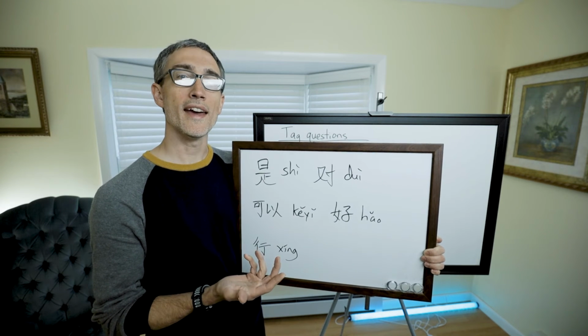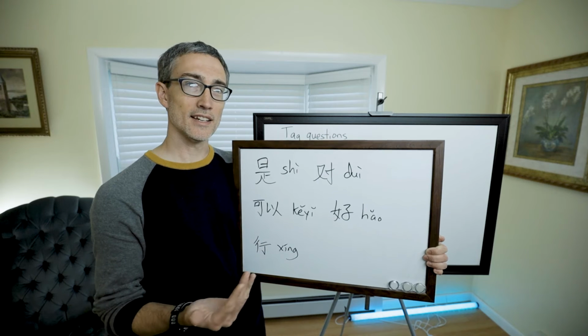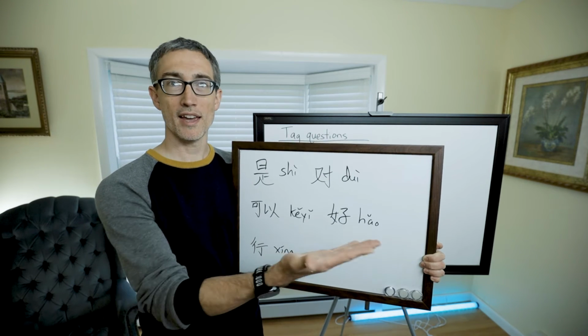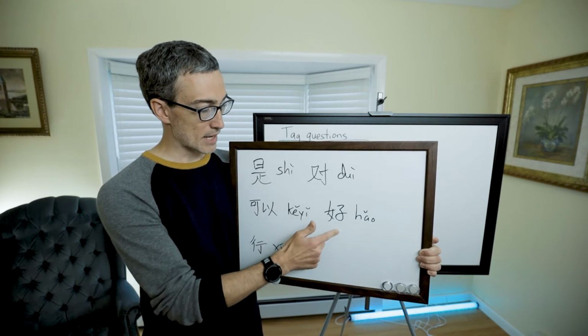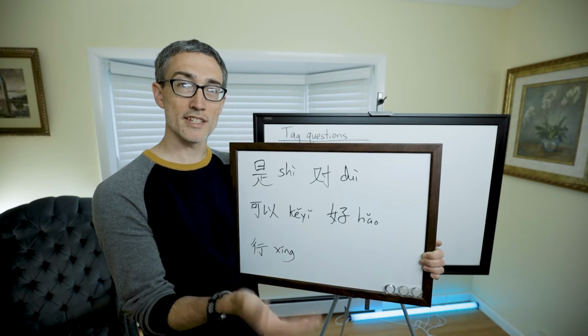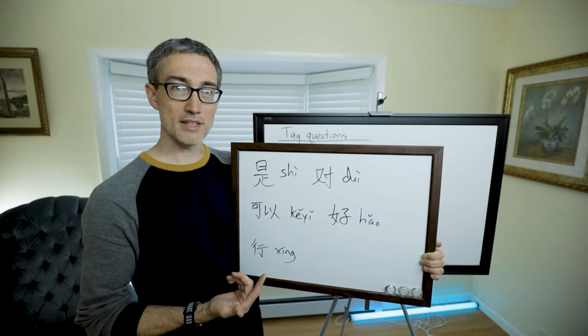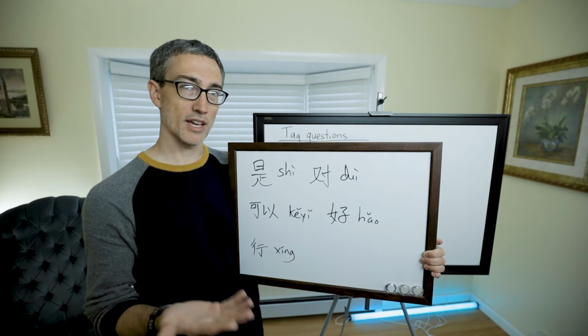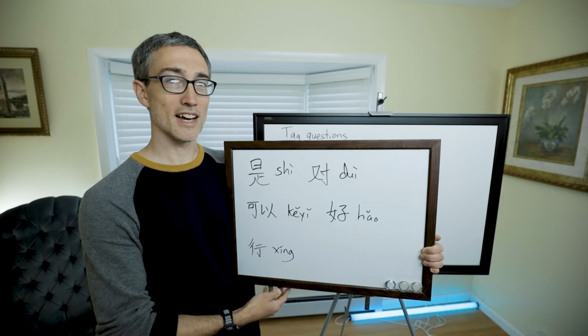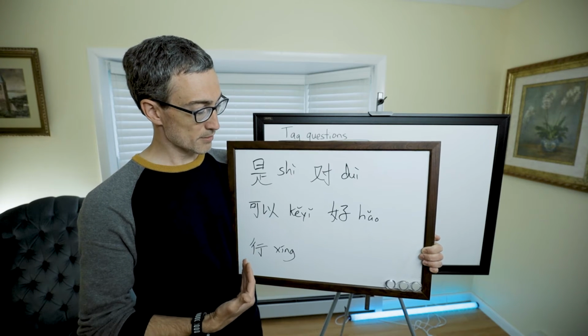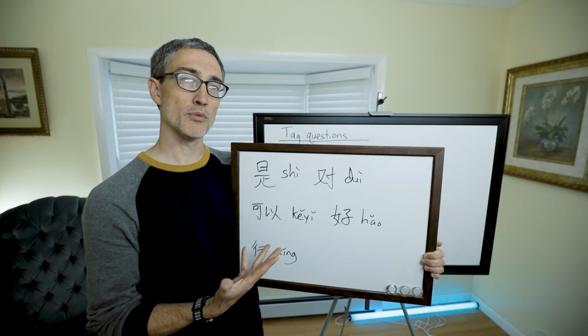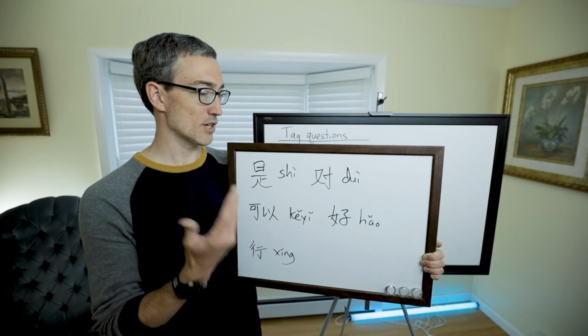So it means okay, as in, I have an idea, okay? Or let's do this, okay? And then same idea, 好 means good. Is that good? Is that okay? Is that fine? We have 行, which also means something very similar. Does that work? Is that okay? Is that fine? So these are the words. I'm sure there's others, but these are the super common ones that commonly end up in tag questions.